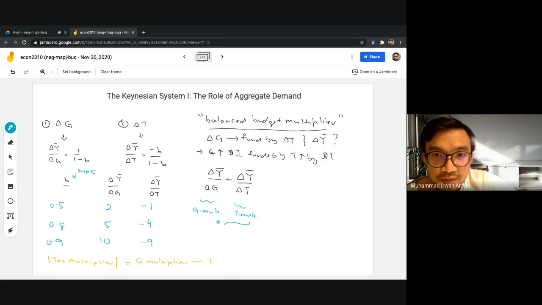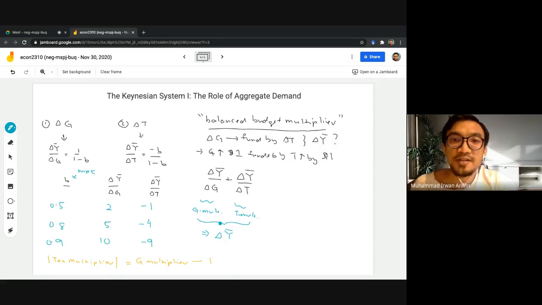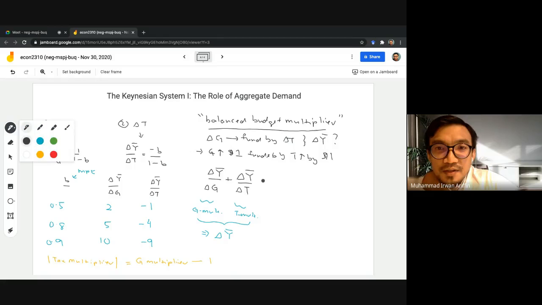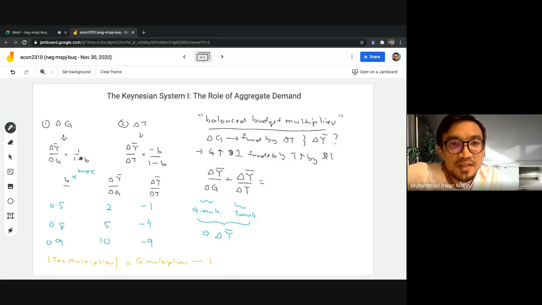When we do this, we should be able to obtain the net effect on equilibrium income. We can take the definition of each of these multipliers. So we have 1 over 1 minus b for the G multiplier, and then we add the tax multiplier, negative b over 1 minus b.